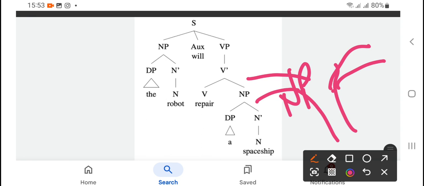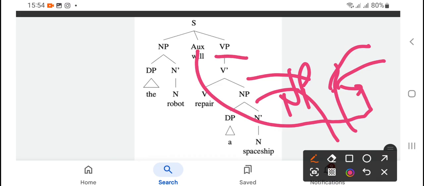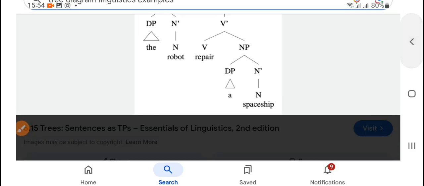Verb phrase starts with the main verb, however, the main verb is the head word of a verb phrase. So that's repair, and then the noun phrase, that is the determiner and a spaceship. Simple, I think you will be able to do it, right?